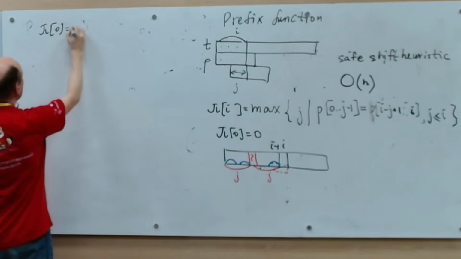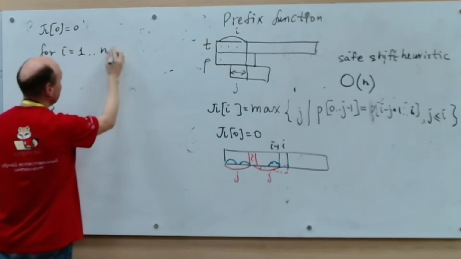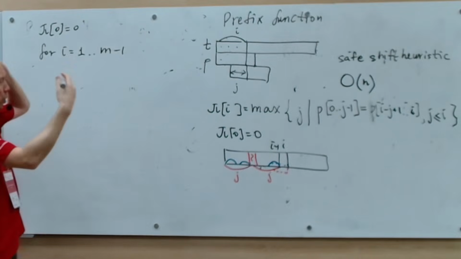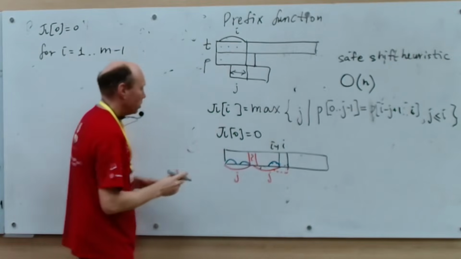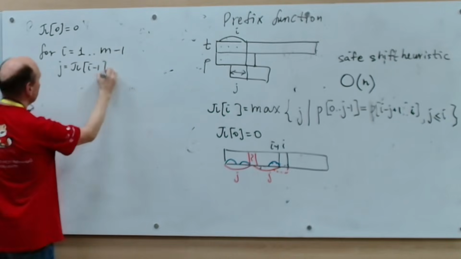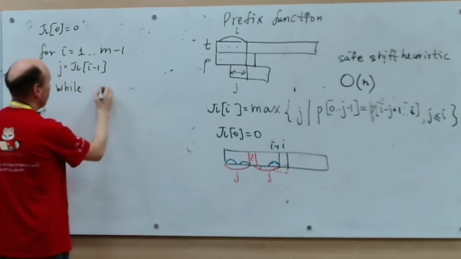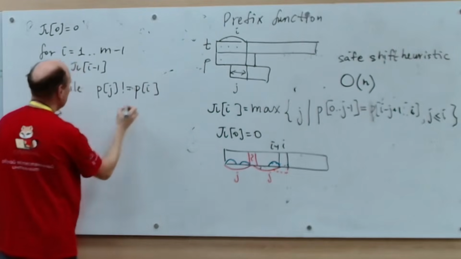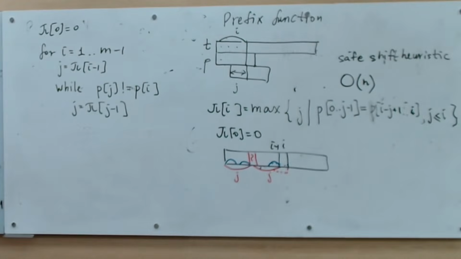P of 0 is 0, for I from 1 to n minus 1. We start with the value of the previous, so we have j. So j is P of I minus 1, while our pattern with the index j is not equal to the pattern with the index I, j is P of j minus 1.